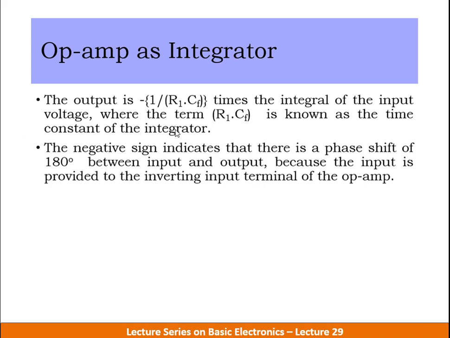The term R1 Cf is known as the charging time constant of the integrator. So an integrator or integration amplifier is a circuit in which the output voltage is the integral of the input voltage. The negative sign indicates a phase shift of 180 degrees between input and output, because the input is provided to the inverting input terminal of the op amp.